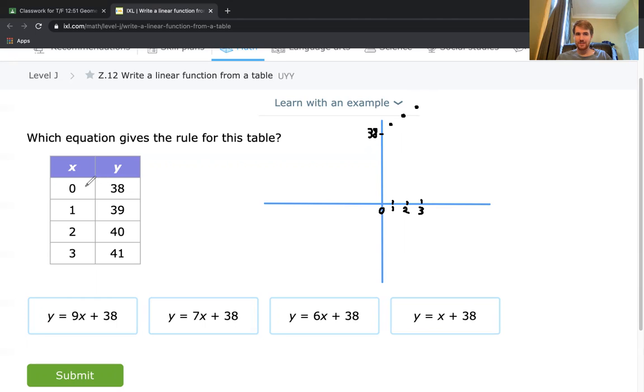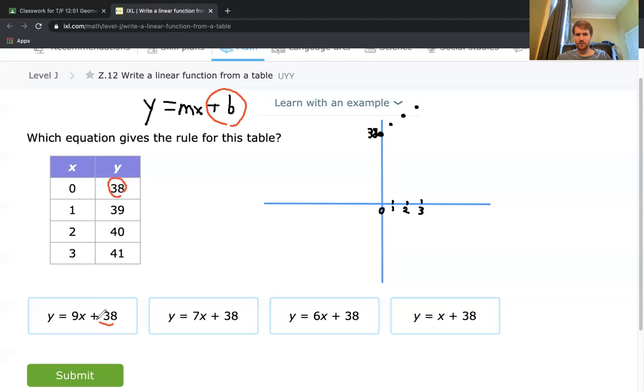Well, we know that when x is 0, y is 38, which means there's a point right here. And what's it called when a point is on the y-axis? Of course, that is the y-intercept. The y-intercept is at the end of the equation, right? y equals mx plus b. So this part is going to be 38.